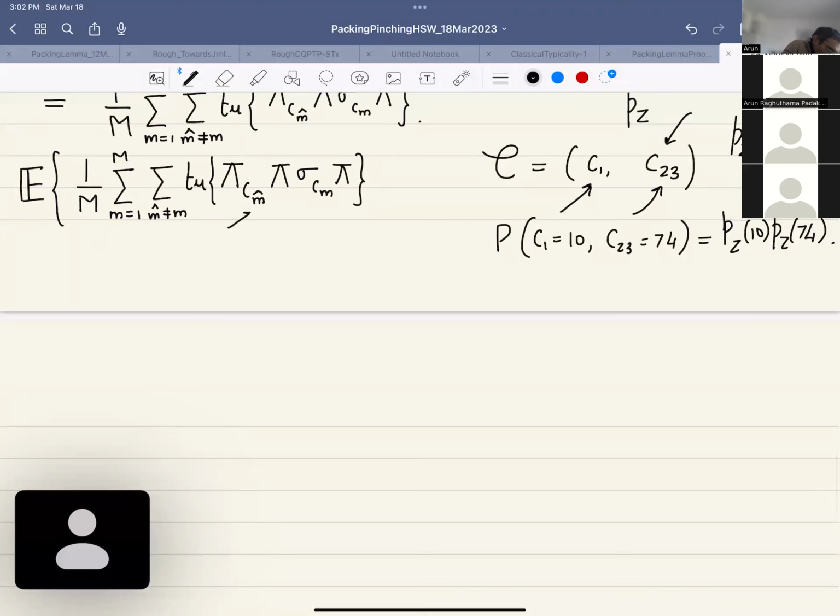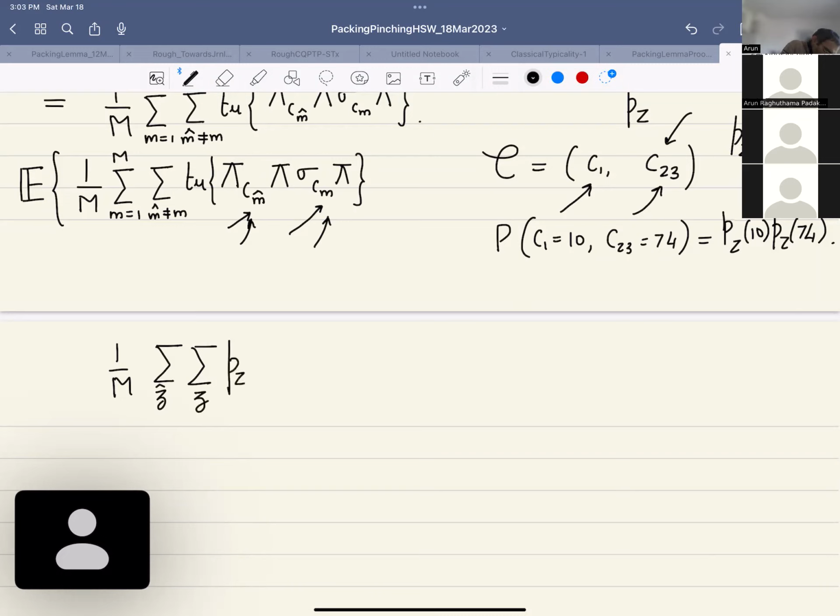So this guy is random, this guy is random, and independent and IID, right? What is the expectation? You take the value and you hit it with the probability. Probability of choosing CM hat and CM, right? What is the probability of choosing CM hat as Z hat, and CM as Z?